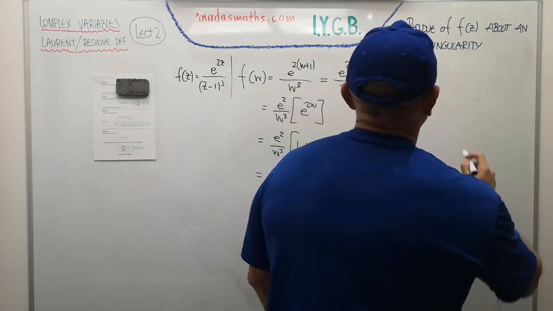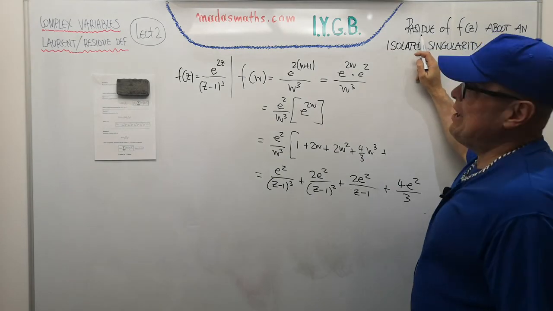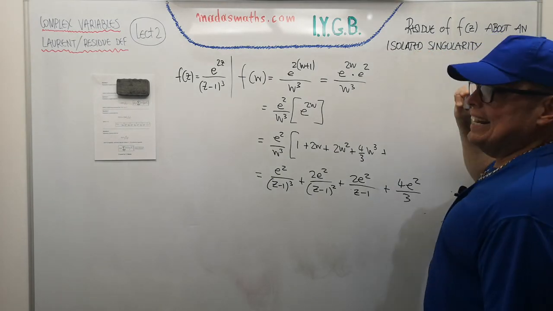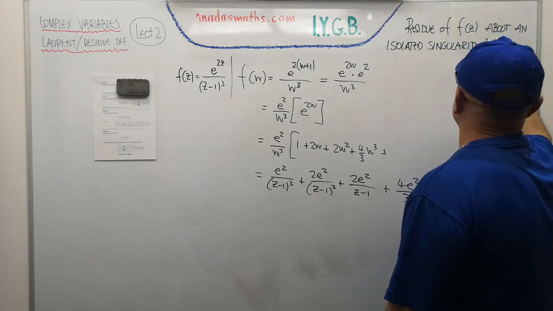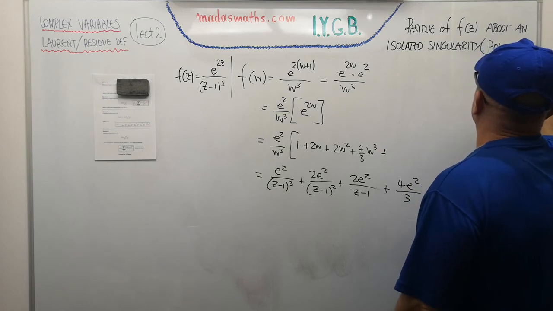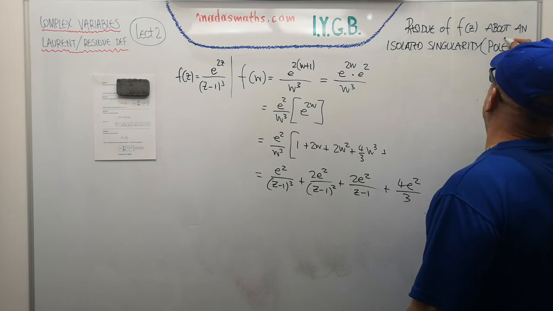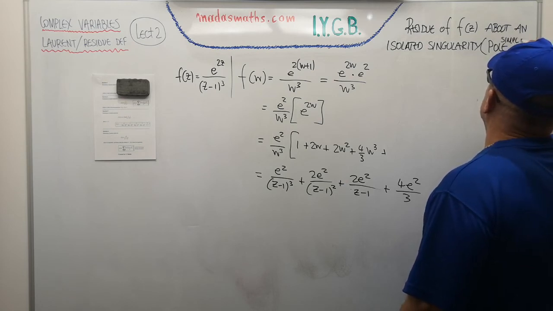Okay, so let's go back. A residue of a function f of z about an isolated singularity usually will be a pole for us. And usually not just a pole, a simple pole, simple, double, triple at best.